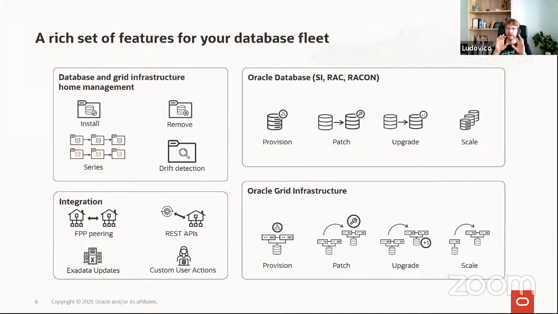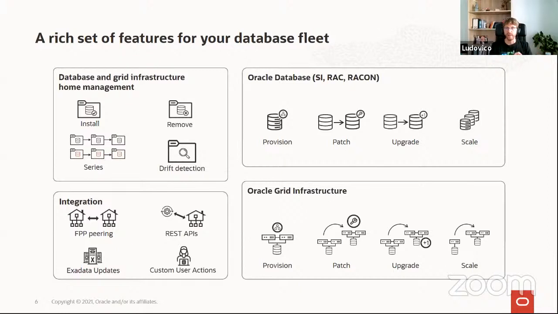So it never stops an instance, patches the binary and starts the instance. What it does is always install a new Oracle home, patch it beside the current one, and move the database from the previous Oracle home to the new Oracle home, and just run datapatch on top of it. So it's always out-of-place patching.